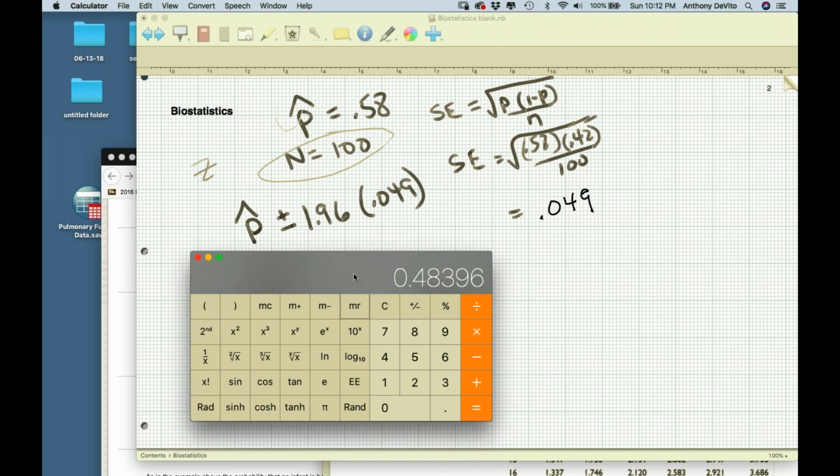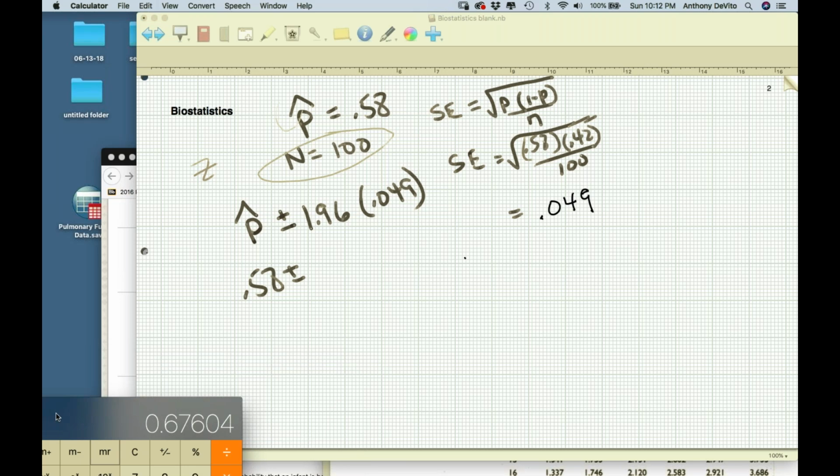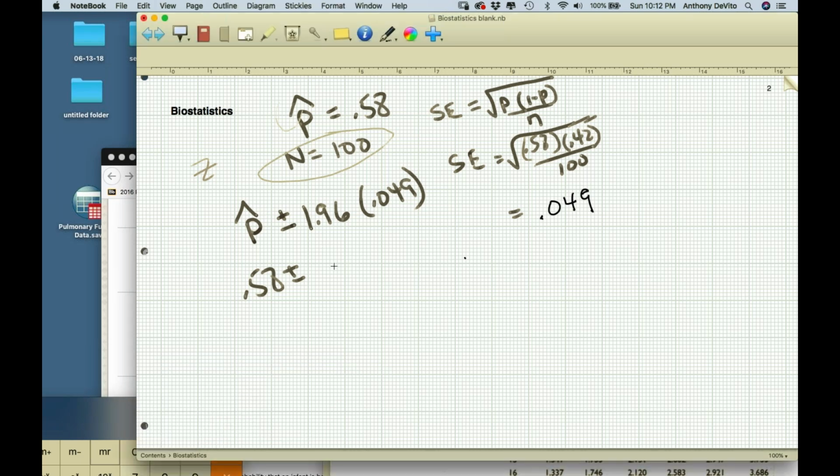I'm going to just remember that, 0.48. And 0.58 plus my margin of error is equal to 0.67. So my 95% confidence interval is going to be 0.48 to 0.67. I'm going to call it that for our purposes right now. That's my 95% confidence interval.